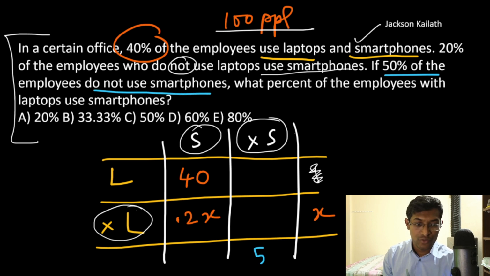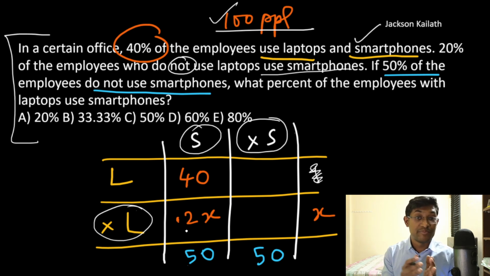Okay, so we have 50 over here, and because we know that the total is 100, and if this is 50, then this over here would be 100 minus this 50, which is also equal to 50. Again, remember, if you add people who use smartphones and people who don't use smartphones, which is this over here and this over here, you would get 100, which is the total.